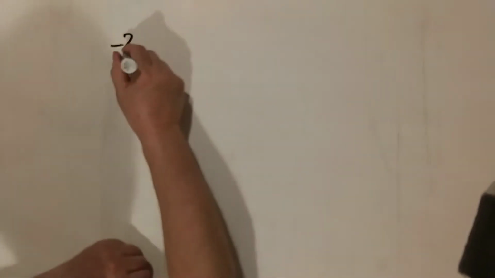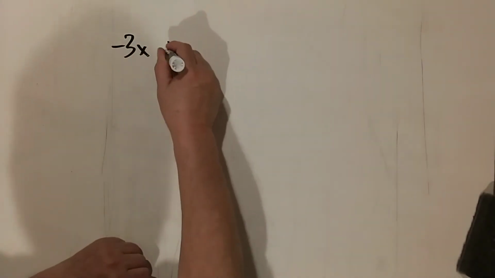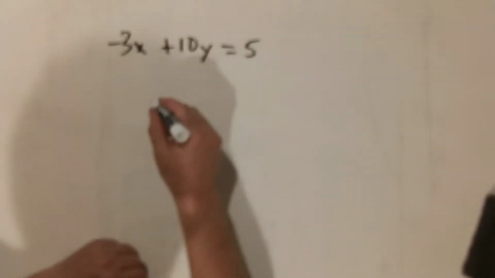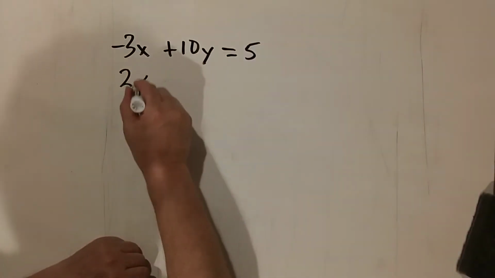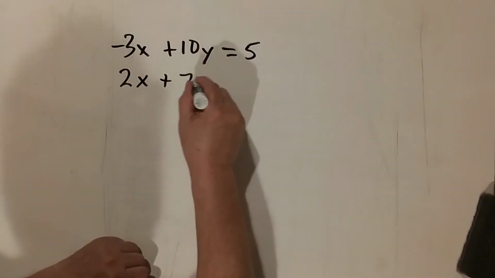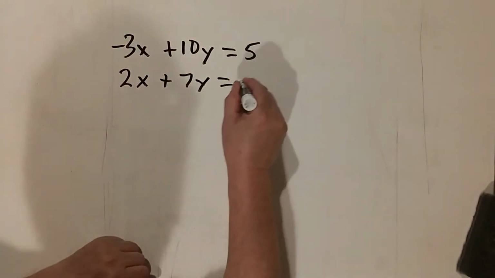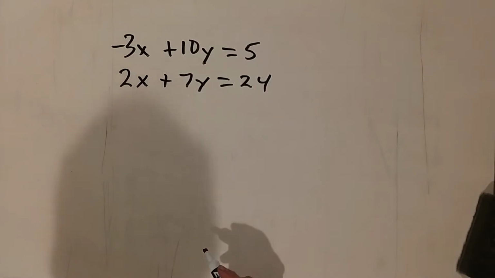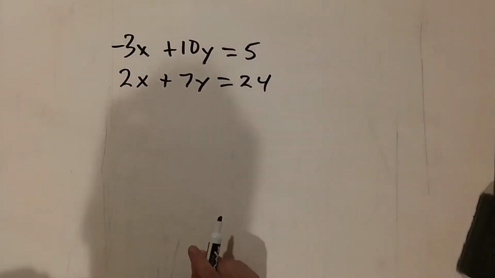All right, let's take our first system, negative 3x plus 10y equals 5, and 2x plus 7y equals 24. And we want to solve this system. Well, the first thing we need to do is to eliminate the x value.